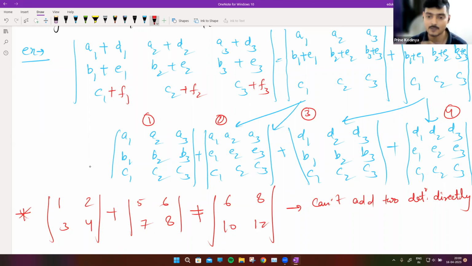The same way which you have done, what would be the number of different determinants for this? Like in the previous case, there are 4 determinants in which you can break that, sum of 4 determinants. In this case, how many determinants will be there?